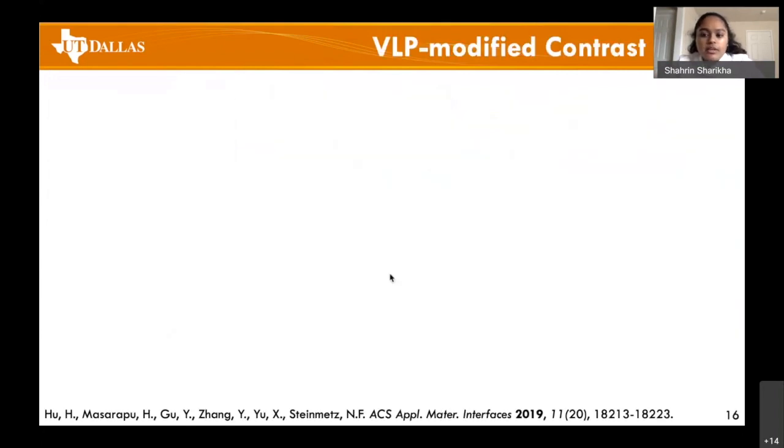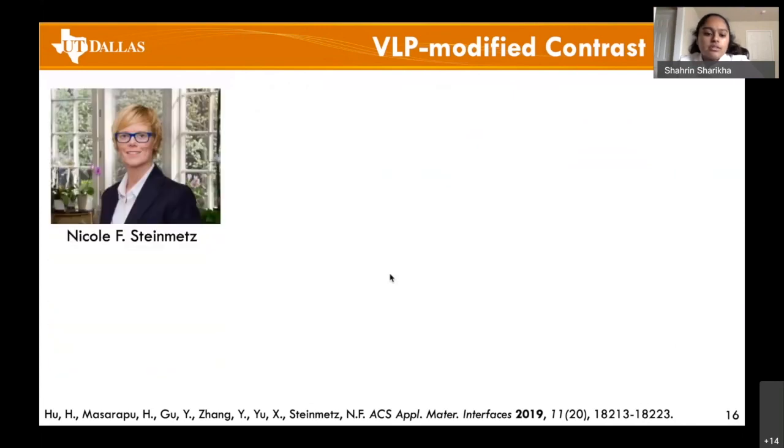And finally, I'll be talking about contrast agents that don't necessarily focus on the metal particle of it. So Nicole Steinmetz is a professor at UC San Diego, and she does a lot of research involving drug delivery and immunotherapy, and MRI contrast agents, which is one.